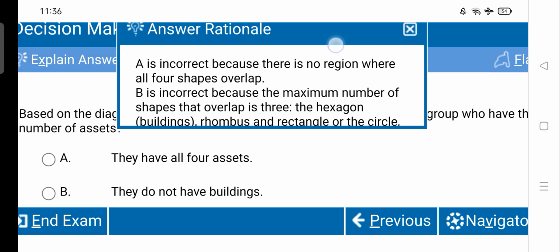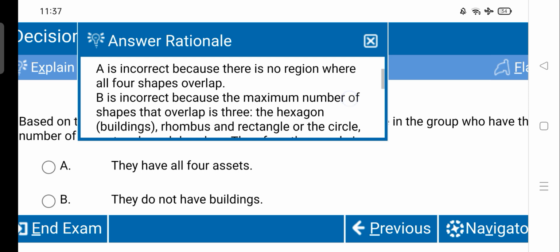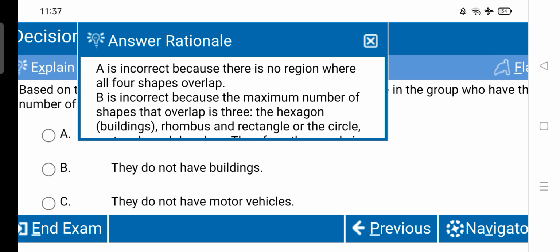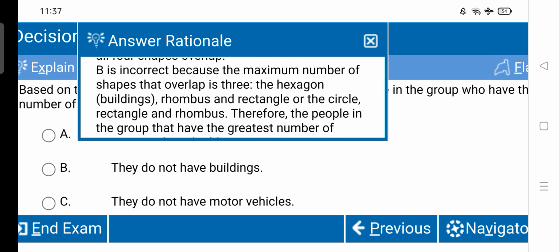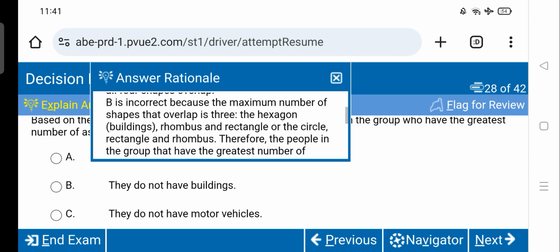but option A is incorrect because there is no region where all shapes overlap. B is incorrect because the maximum number of shapes that overlap is 3.